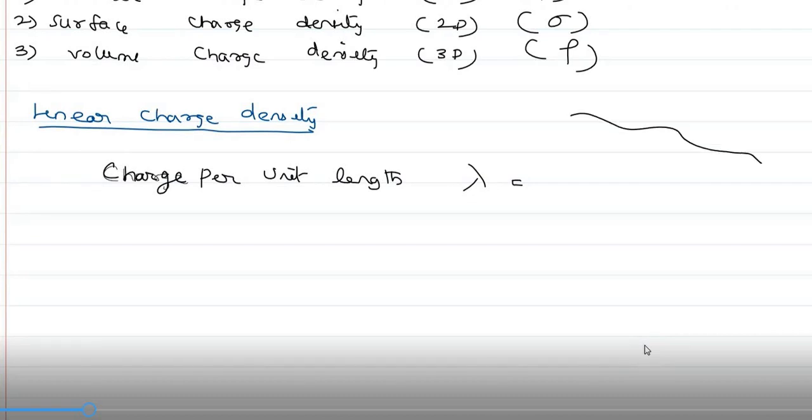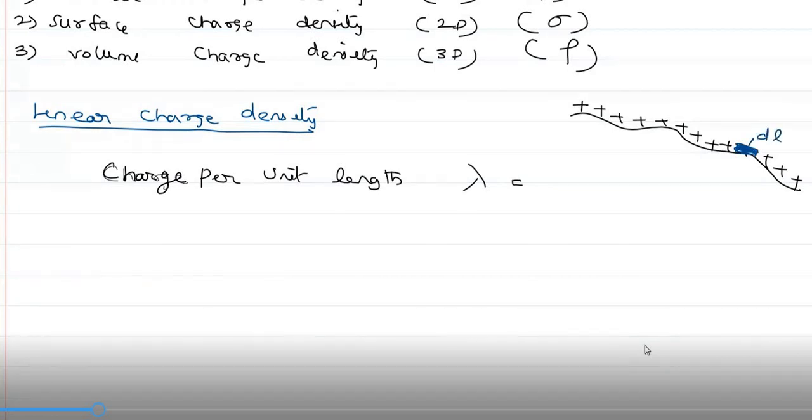See, this is a line conductor, and here we have assumed the charge distribution is uniform. If I have to find the density, we use a unitary method. Over the small element dl, how much is the charge distributed?